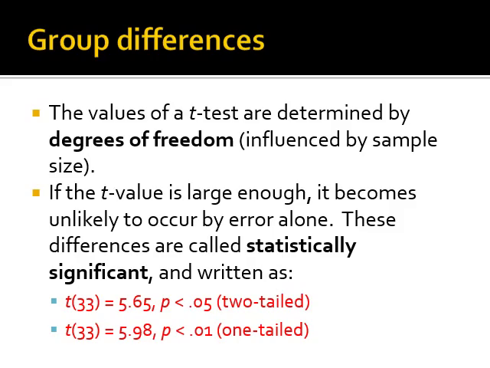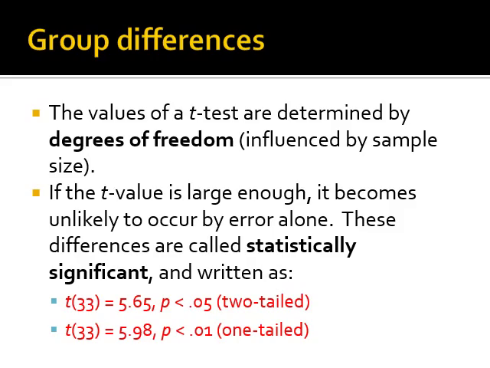The second example is t of 33, degrees of freedom of 33. And remember, that means we have a sample size of 36, minus 2 for groups, minus 1 for it being a sample rather than a population, equals 5.98 with a p of less than 0.01, one-tailed.